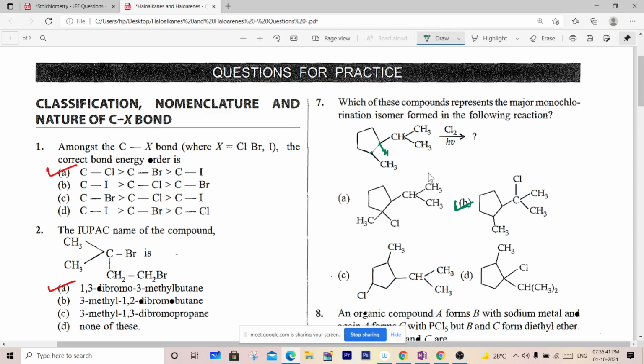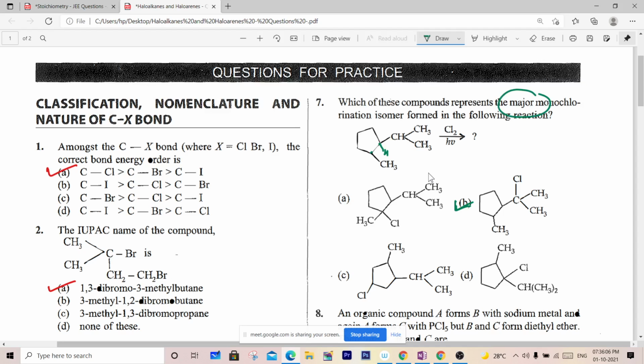Okay. Not easily, because the cyclic compound normally does not undergo it. It can take place. It can be D also, right? So they are major isomer.